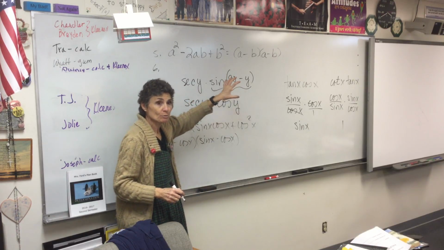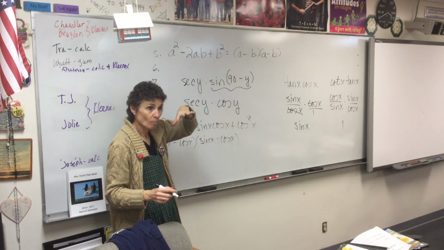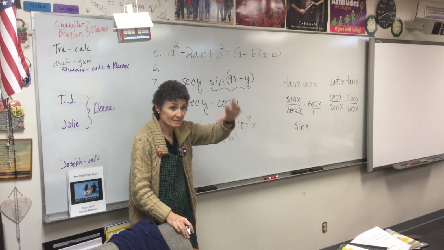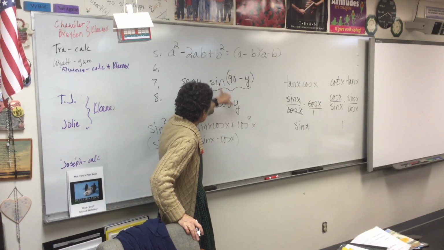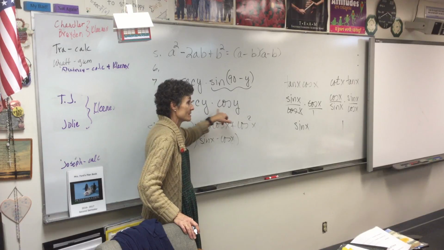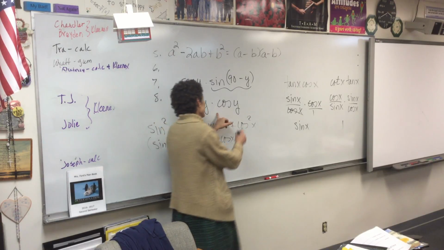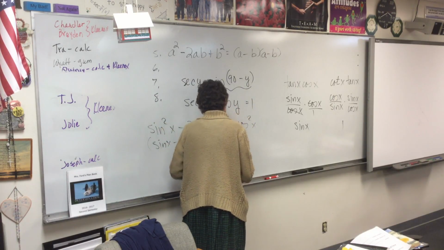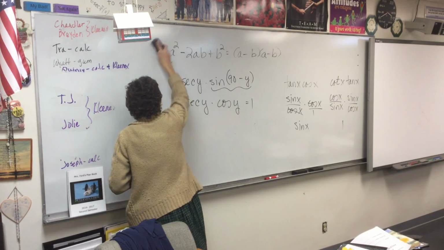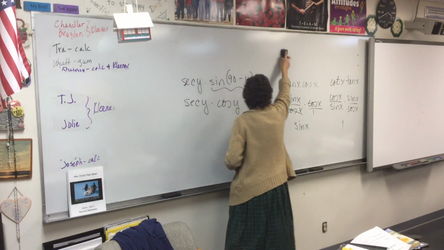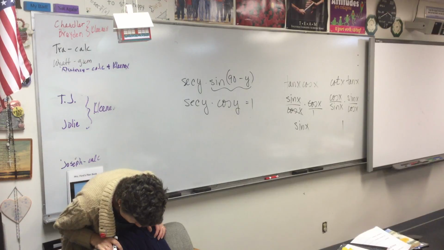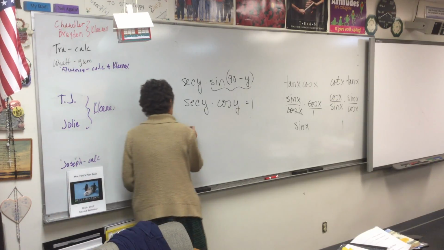I'm trying to help you not have to memorize so much. 90 minus y, complementary, co-function. Co-function for sine is cosine. What happens when I multiply a secant and a cosine? I get 1 because secant and cosine are reciprocals. That's your reciprocal identity, but you already know that one. You'll get that one memorized. These aren't so bad. Cotan sine.